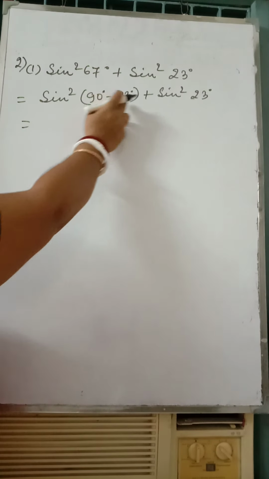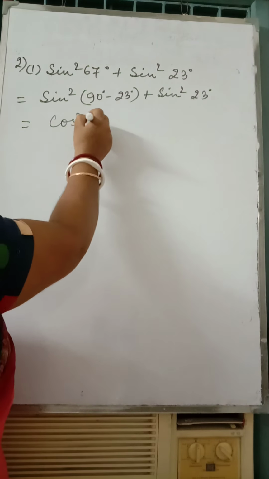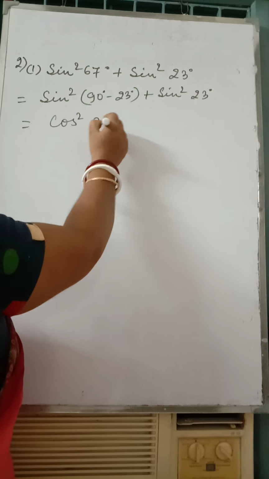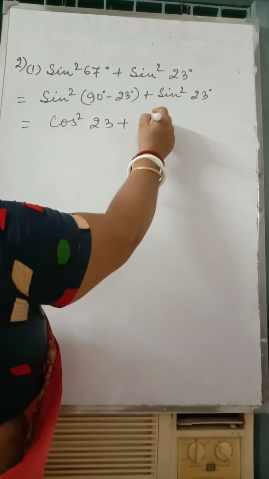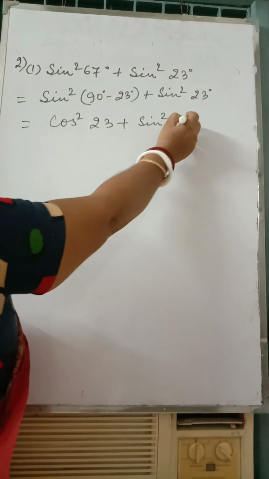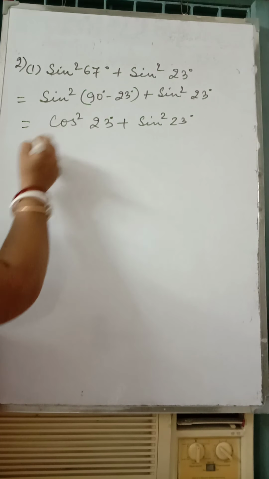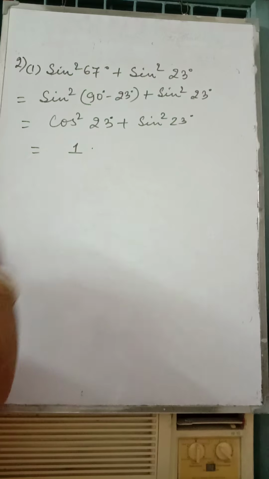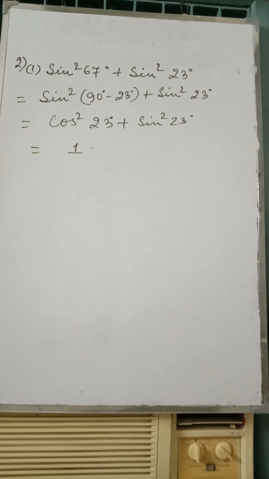Sine 90 degree minus theta is equal to cos, so cos square 23 degree plus sine square 23 degree is equal to 1. We know sine square theta plus cos square theta is 1.